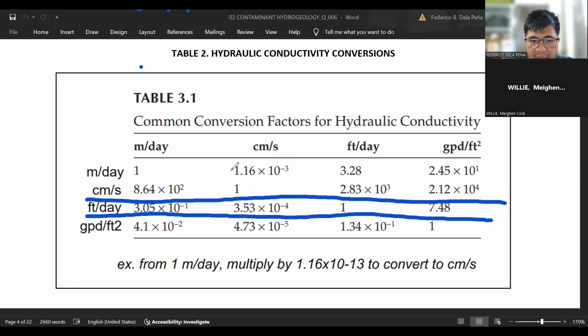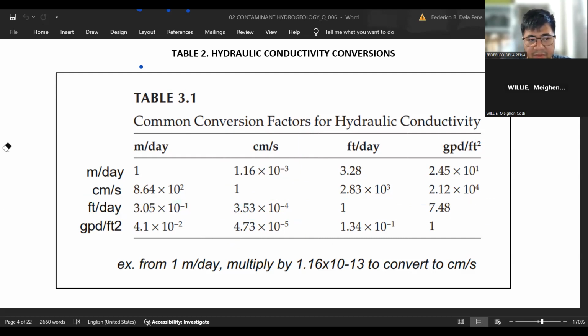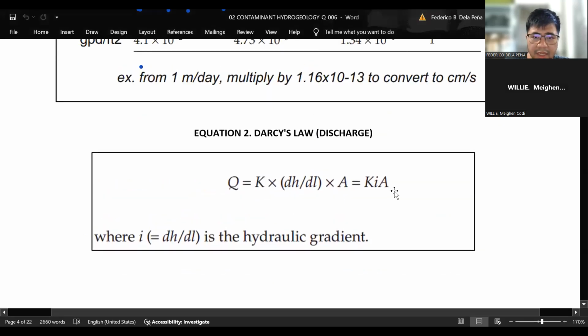And then if you want to convert it into centimeters per second, you basically just have to use this multiplication factor. So basically, you just have to draw a line to whatever value you have, and then draw another line for the value which you want to convert to.